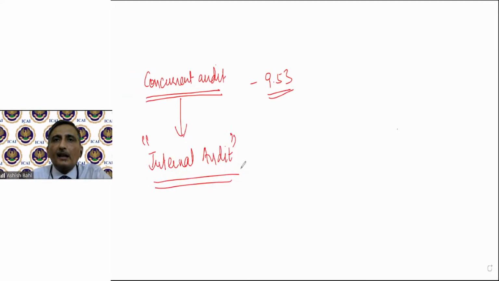It is a kind of system, a mechanism, procedures developed by the banks to verify whether their systems and the internal controls put in place by them are working properly or not.